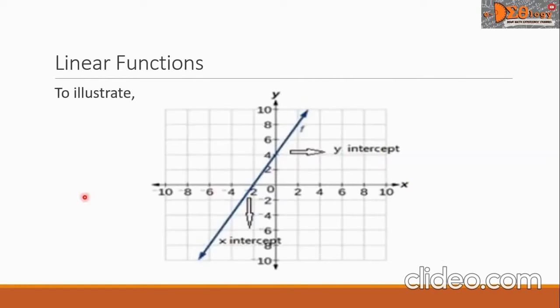To illustrate, we have here a line, and with respect to the rectangular coordinate system, this point here is the y-intercept, while this point is the x-intercept.